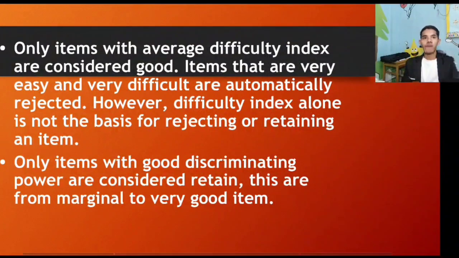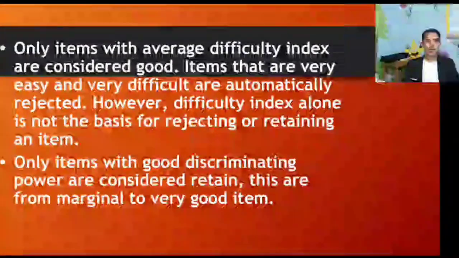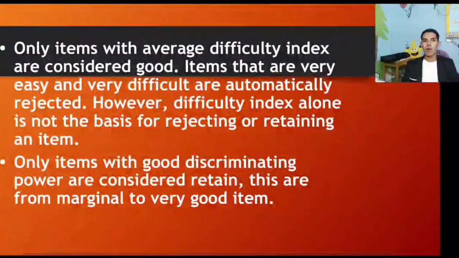Okay? We have to know that only items with average difficulty index are considered good. Items that are very easy and very difficult are automatically rejected. However, difficulty index alone is not the basis for rejecting or retaining an item. Meanwhile, for discrimination index, only items with good discriminating power are retained.